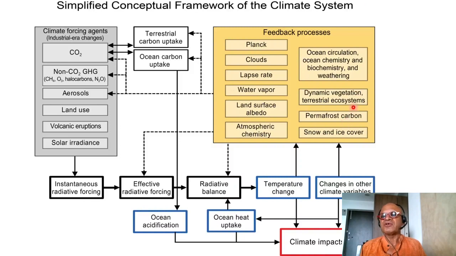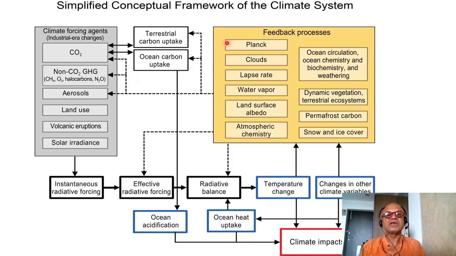Dynamic vegetation and terrestrial ecosystems, so C3, C4 we mentioned briefly. So there's a long time scale vegetation response, but there is also a seasonal vegetation response and potentially vegetation response to human activities. Permafrost carbon that we mentioned, snow and ice cover, and so on. Again, altogether coming back to change other climate variables and climate impacts.